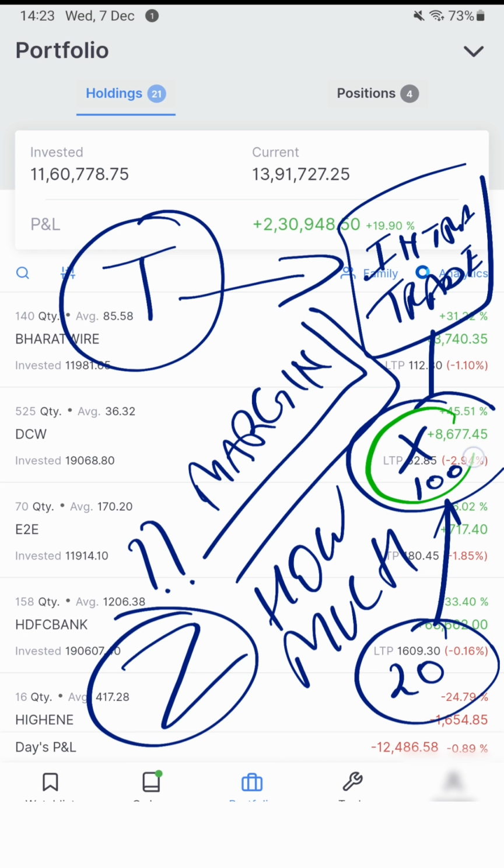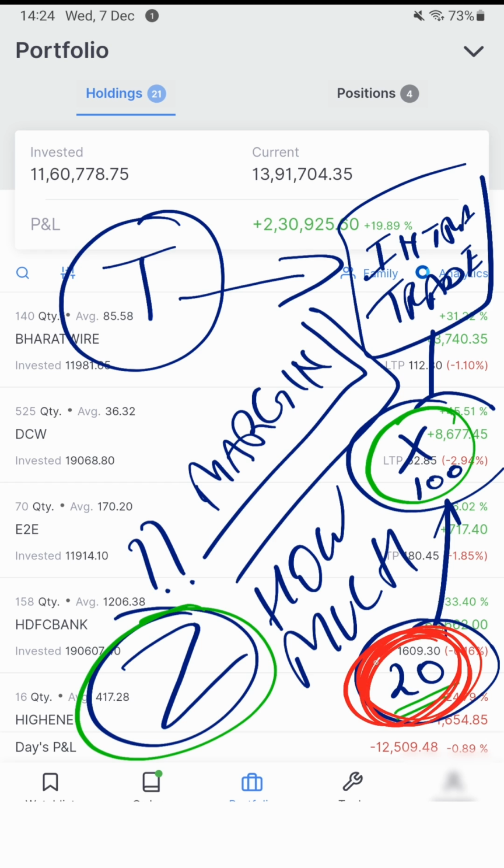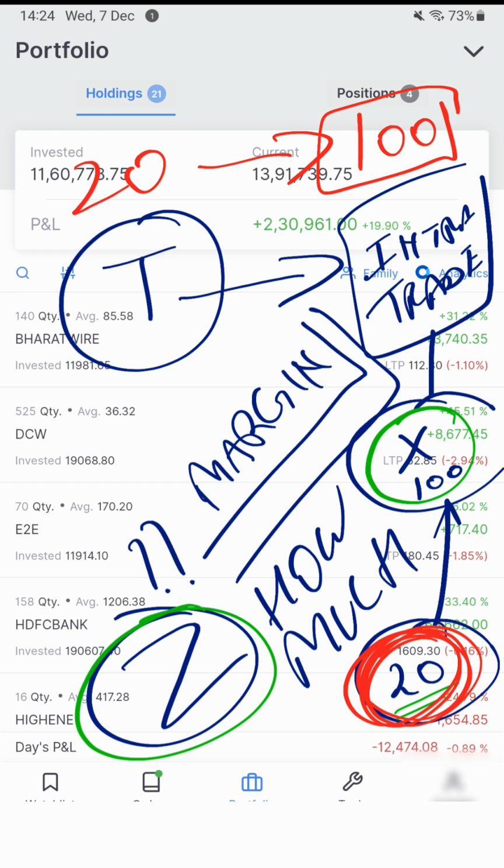Now, if you make profit, the profit is yours. What Zerodha is betting on is that your loss will be restricted to this 20 rupees, and that is why by giving just 20 rupees, you can trade for 100 rupees.